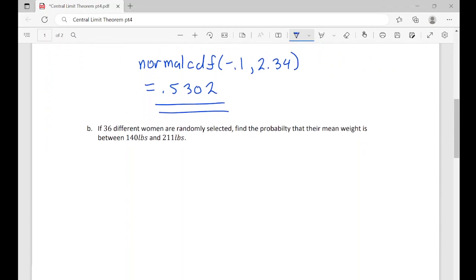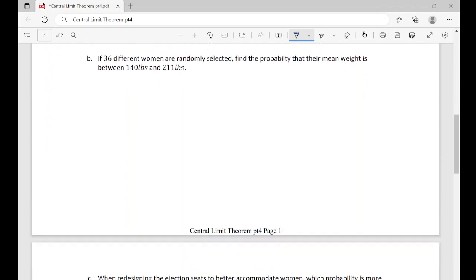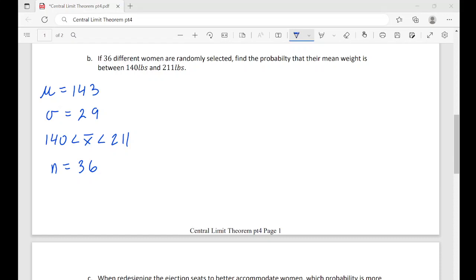Now let's do it again, the exact same question, except we're going to select 36 women instead of just one. So again, our mu is 143, sigma is 29, still going to be between 140 and 211, but this time we have an n value of 36. So now we're going to go through again and find our z-score for 140 and for 211.